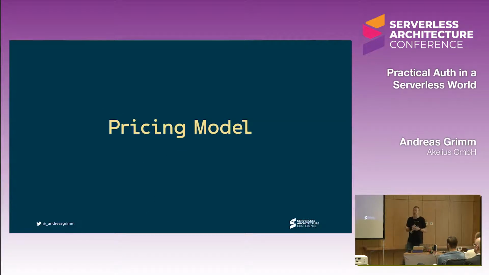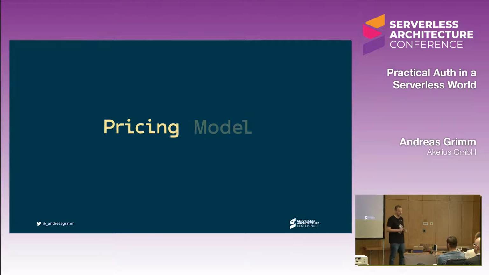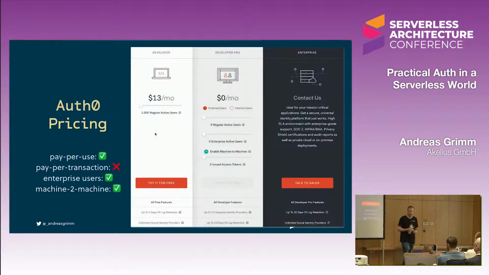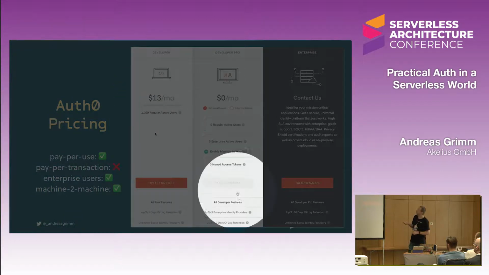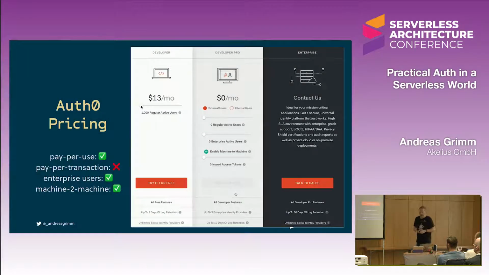And if we look at the pricing model that we saw before, that it is important that you only pay for active usage, then let's have a look at Auth0, and you'll see here and here when we change the values, it's pay per use, not really pay per transaction, but kind of in ranges.